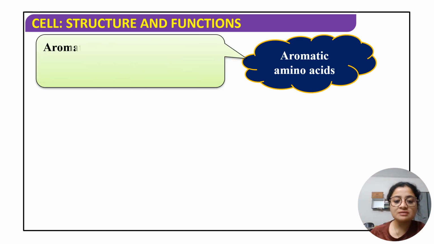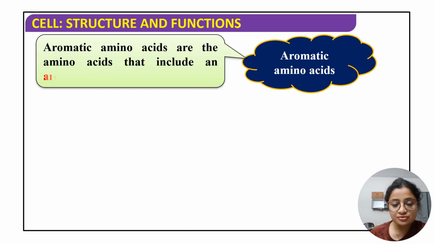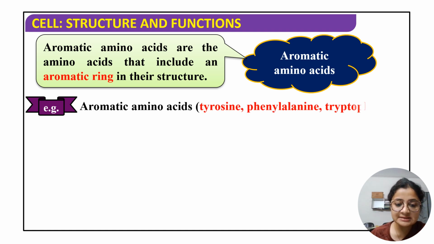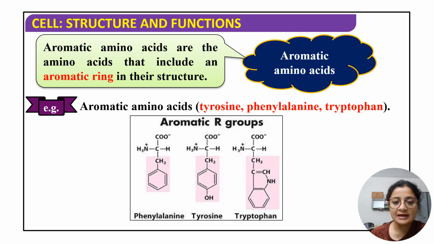Now talking about something called aromatic amino acids, okay. So aromatic नाम से ही पता चल रहा है, aromatic मतलब aromatic ring उसमें है, okay. So whenever an amino acid is containing an aromatic ring, it will be known as an aromatic amino acid. What will be the examples? Tyrosine, phenylalanine and tryptophan. Very important, you have to remember the names of these aromatic amino acids, okay.